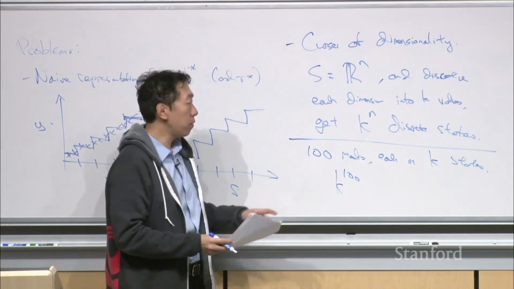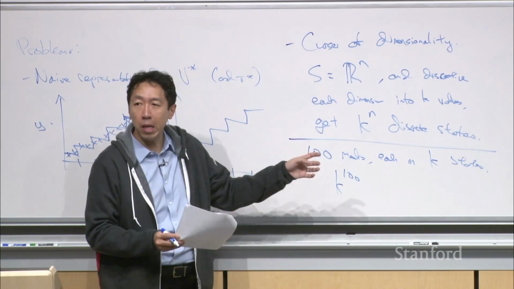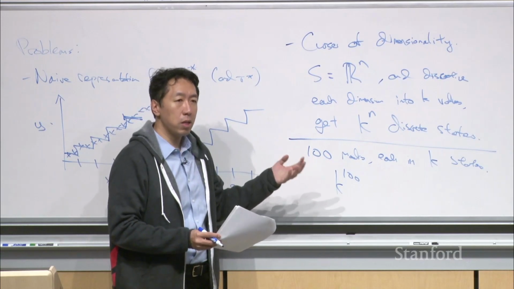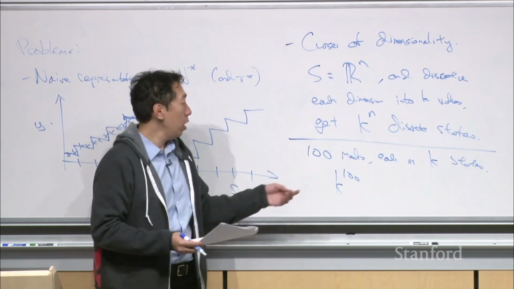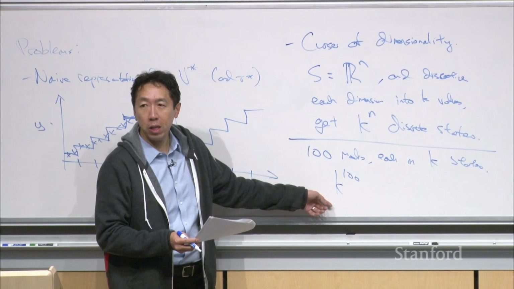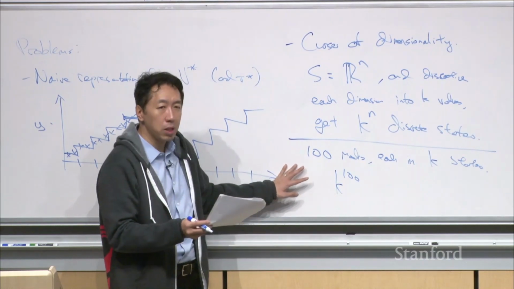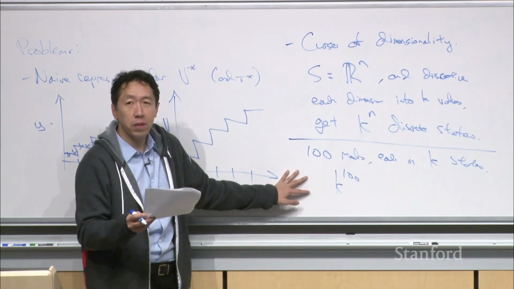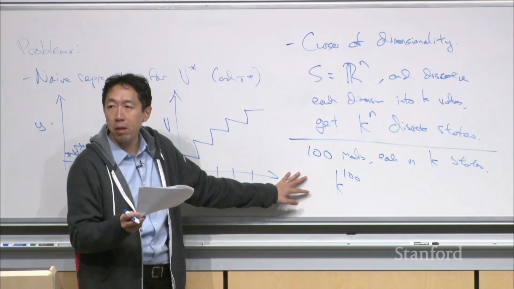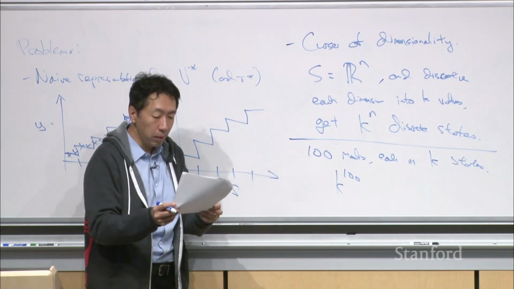So the curse of dimensionality also applies to very large discrete state spaces, such as a factory with 100 machines, where your total state space becomes k to the 100. And it turns out that for this type of discrete state space, fitted value iteration can be a much better algorithm as well. We'll get to fitted value iteration a little bit.